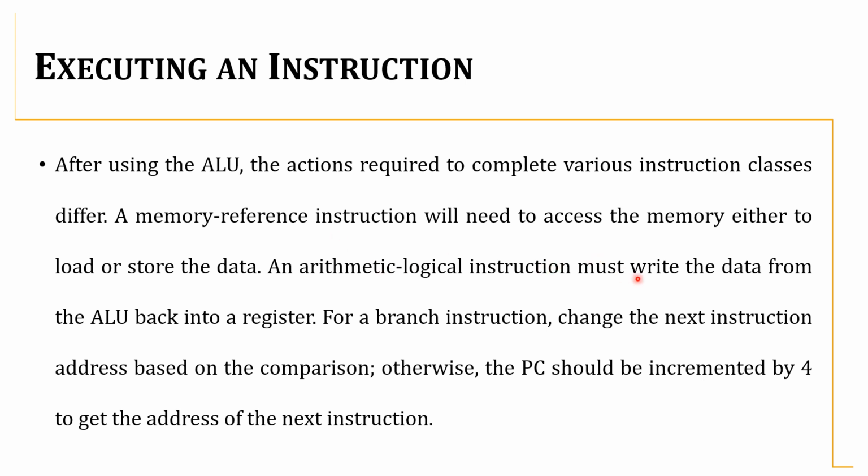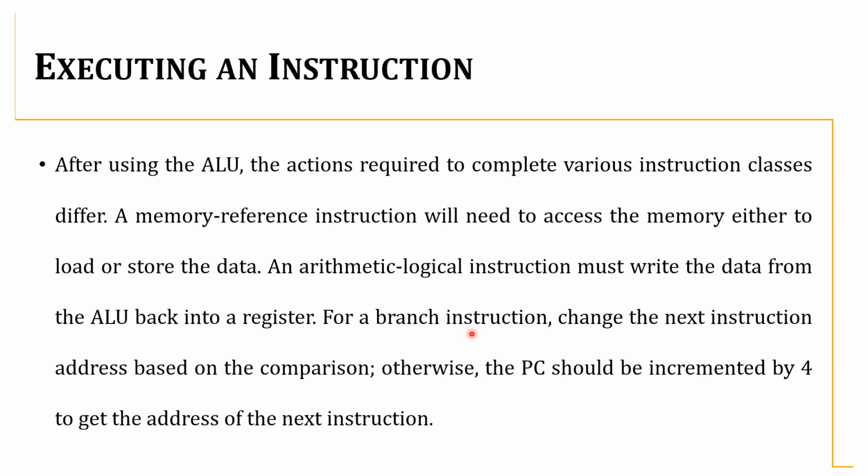So we are writing the data from the ALU now back to the register or to the memory. In the case of an arithmetic or logical instruction, we are writing the data that we got from the ALU back into the register. Fine. But in the case of a branch instruction, in the third step we already performed a comparison, right?